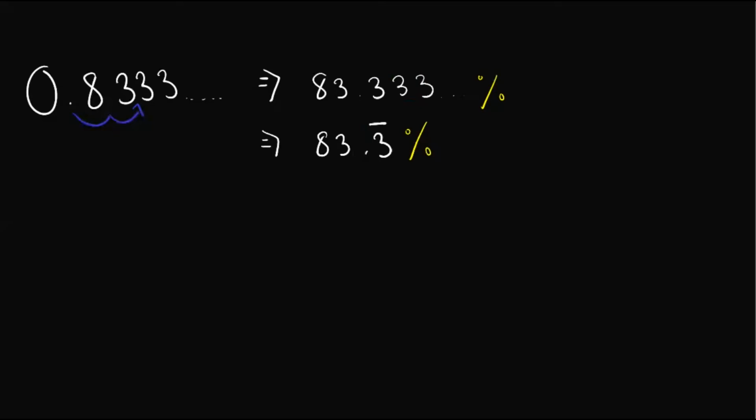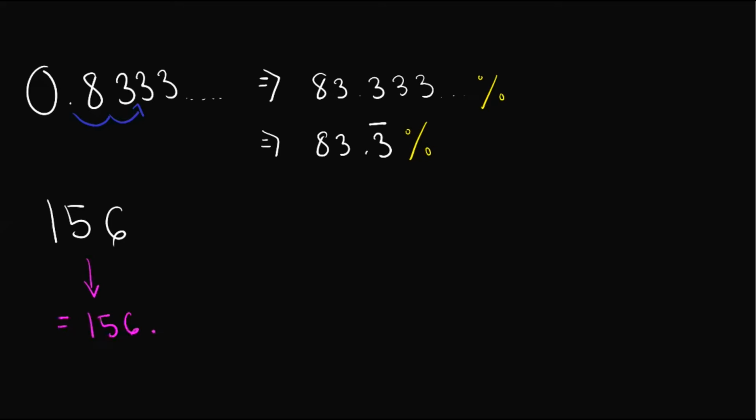So now let's try one last example for converting decimal to percent. If we have 156. Now for this one, recall that 156 is actually equal to 156 with a decimal point.